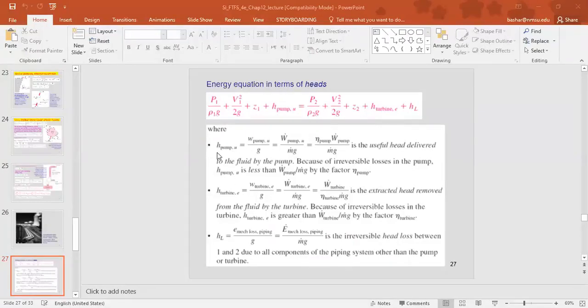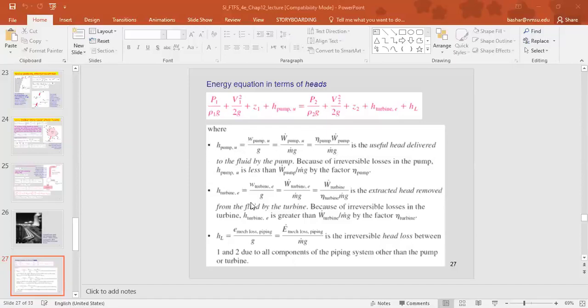So the useful pump head, the different relations between the specific useful pump work, the useful pump power, and the efficiencies that we introduced back in chapter 3 are shown in this relation here.